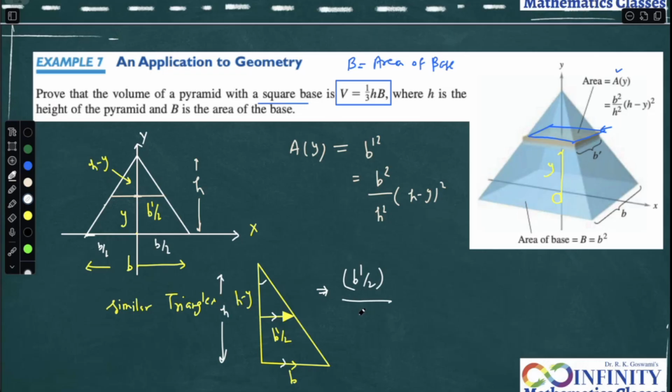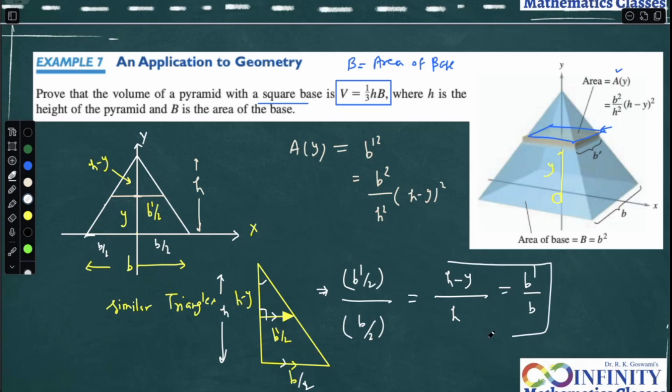It corresponds to b by 2, the base of the original triangle, and then the opposite is going to be h minus y divided by h there. Any doubt? No doubt. Using the similar triangle property, if not an issue, this 2 will cancel out with this 2. It is the same thing if I cancel out, b prime by b.